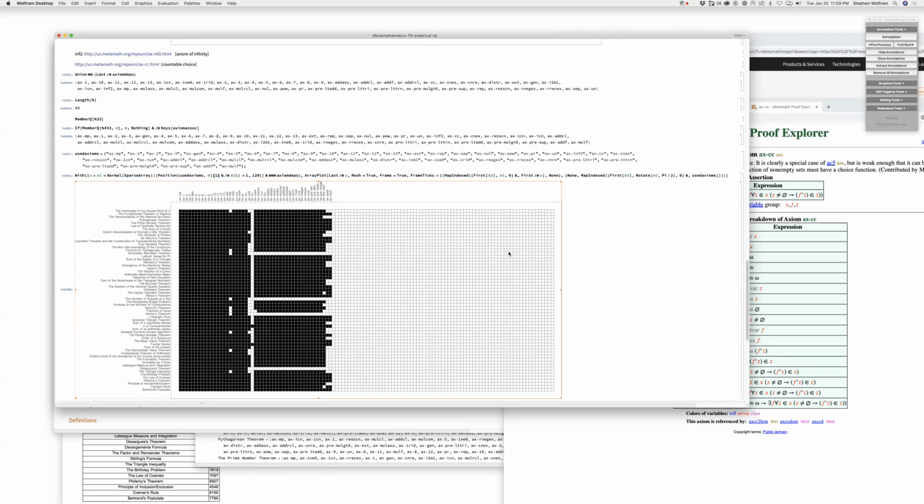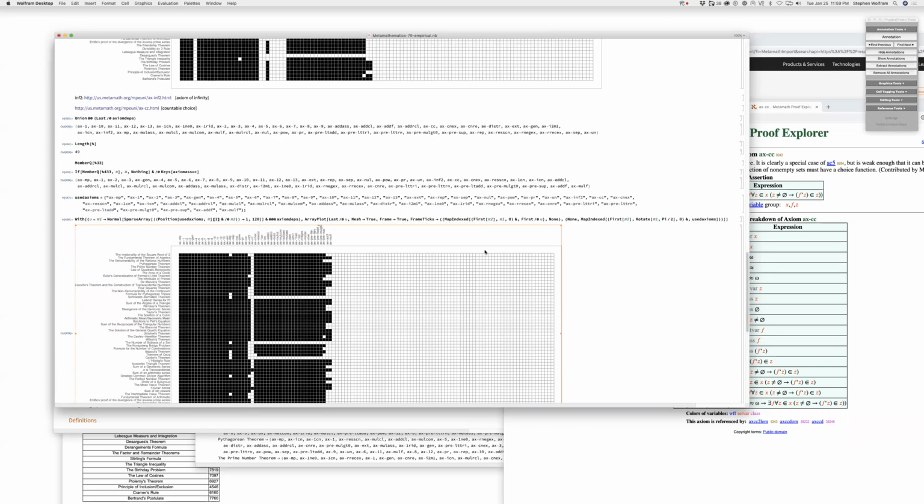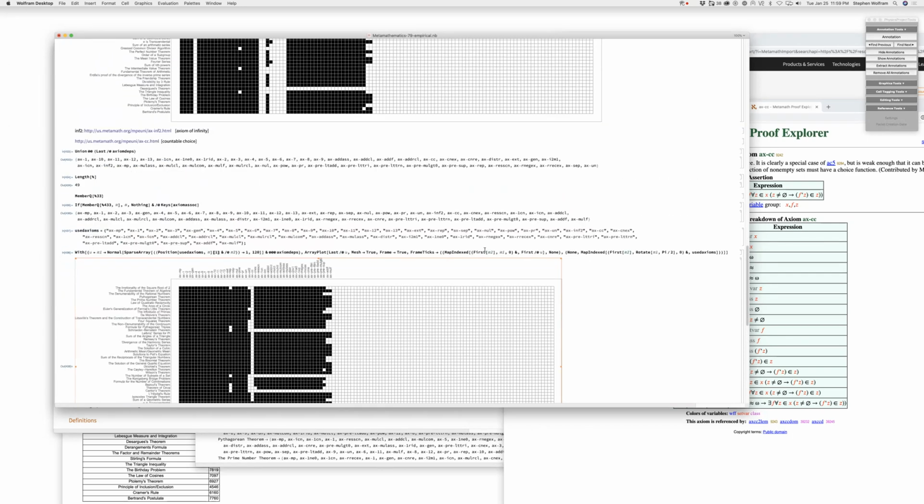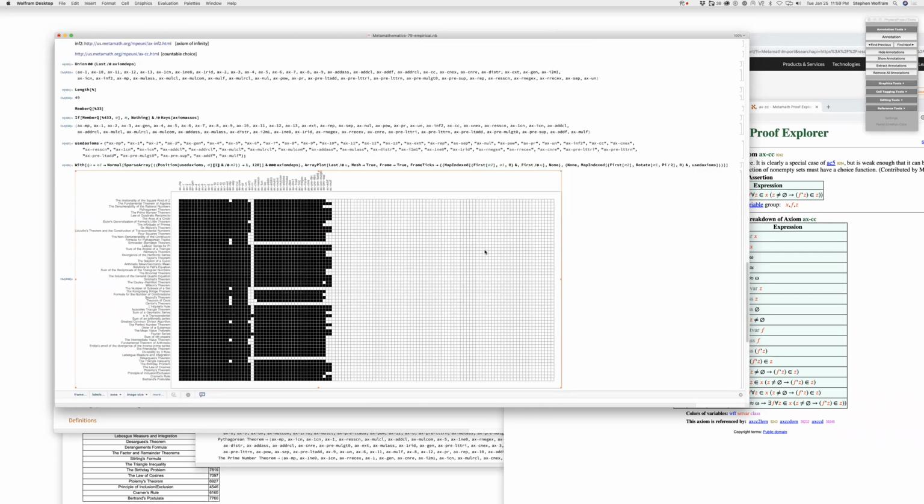Oh, and what I also want to do is cut all these off by saying, let's see, they're length 29.